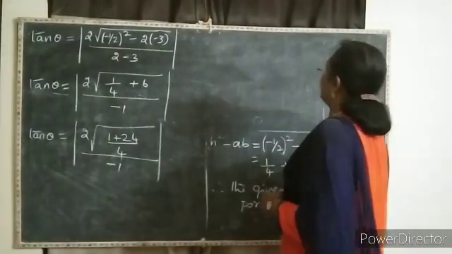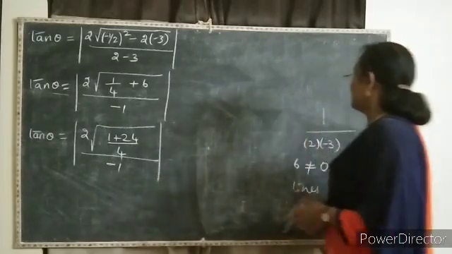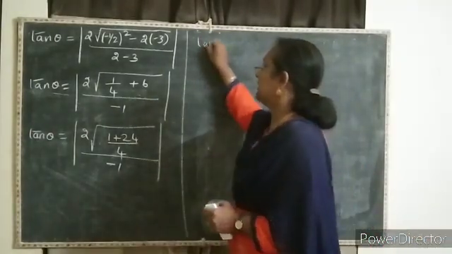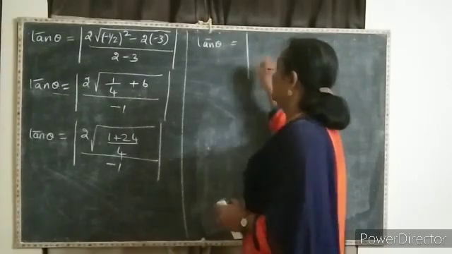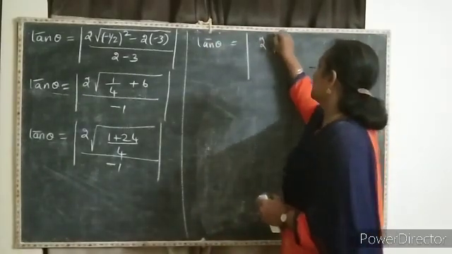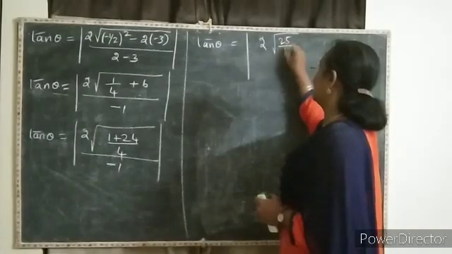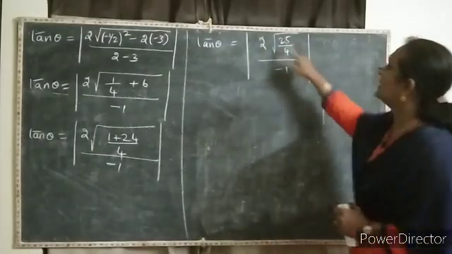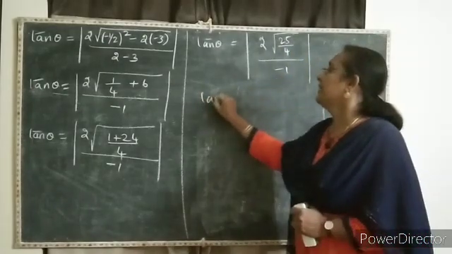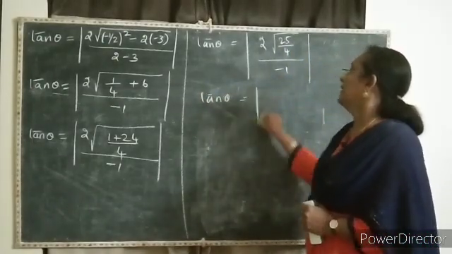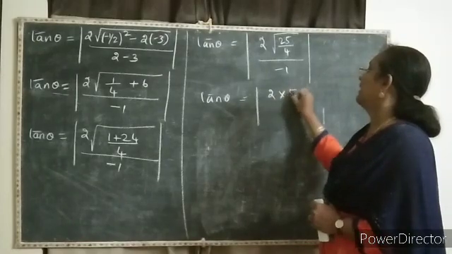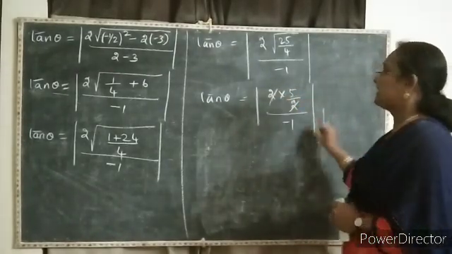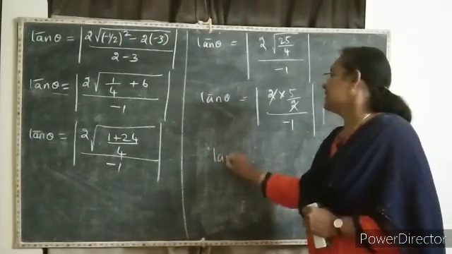Square root of 25. So let's simplify. Tan theta equal to modulus of 2 into square root of 25 divided by 4, the whole divided by minus 1. Now taking the square root, we get tan theta equal to 2 into 5 divided by 2 divided by minus 1. So 2 gets cancelled.